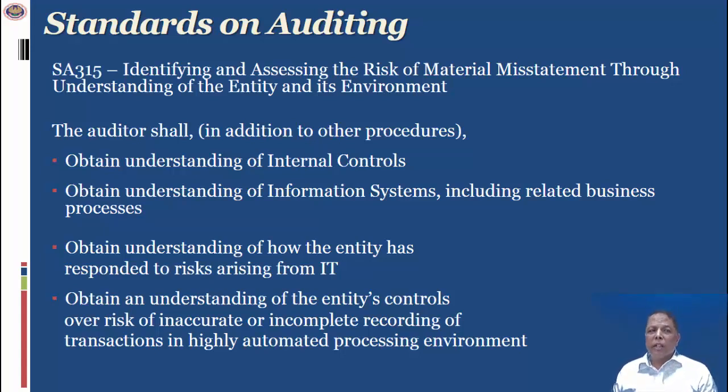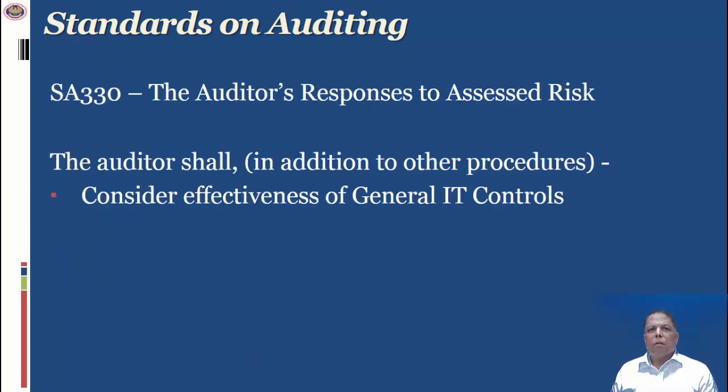This is the starting of the audit. SA 315, when you gather information, forms the basis for further evaluation and planning for the audit. This is the starting point for the audit. If these procedures are not carried out, we are probably not complying with SA 315.